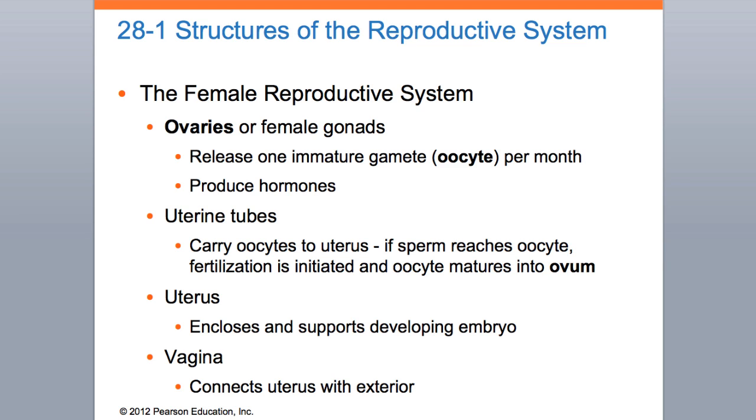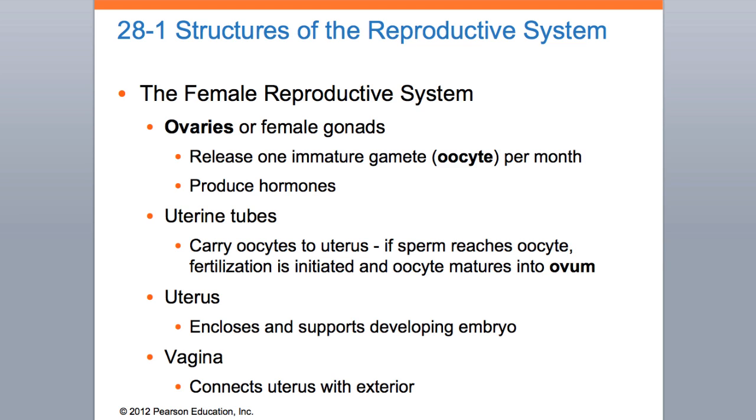So there are variations that we need to keep in mind. Then we have the ureter tube, also commonly called the fallopian tube. And within that tube, that's where we're going to see fertilization occur. So fertilization actually occurs in a portion of the fallopian or ureter tube.